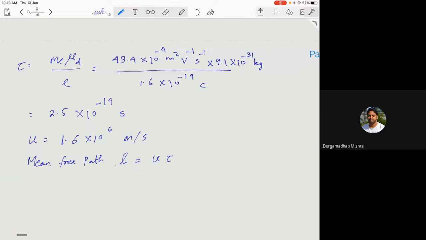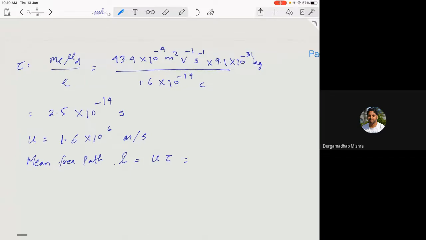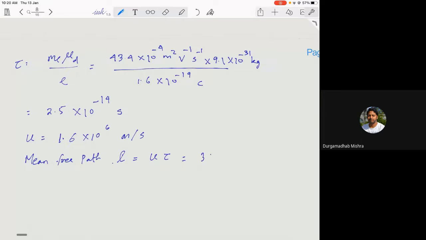So if the electron has a speed of u, and it travels without getting scattered for a time tau, how far will it move before it gets scattered? That is what the mean free path means. Okay, so it is nothing but the multiplication of these two. If you just multiply that, you will get a number something like 39 nanometer, which is 39 into 10 to the power minus 9 meter.